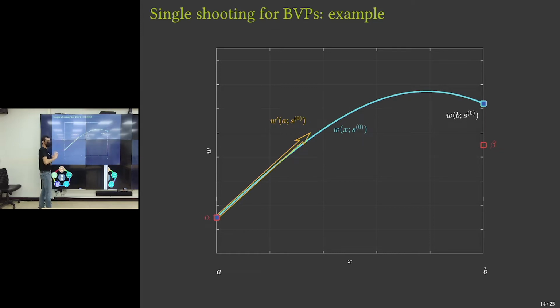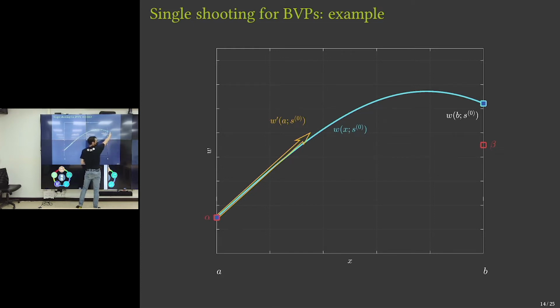Then you calculate the solution, you shoot. It really looks like shooting in that direction, hence the name of the method. You find the solution, and you arrive at this point at the right-hand side of the interval. But it's not what you want, because what you want is to arrive here.